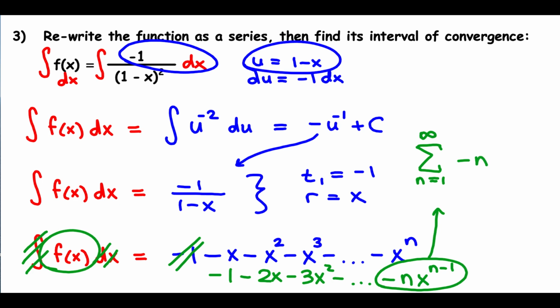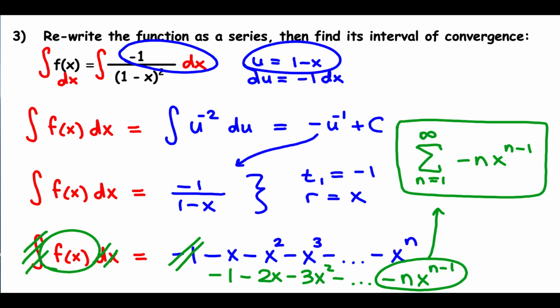The summand will be the formula that I just came up with. You can see that that works because if n is 1 and you plug a 1 in, that's going to give you negative 1 x to the 0, which would be negative 1. And indeed, that's what we started with down here in the green step. So that's why I want the index to be 1, not 0.